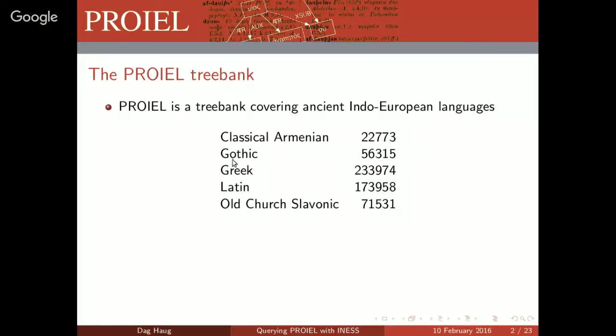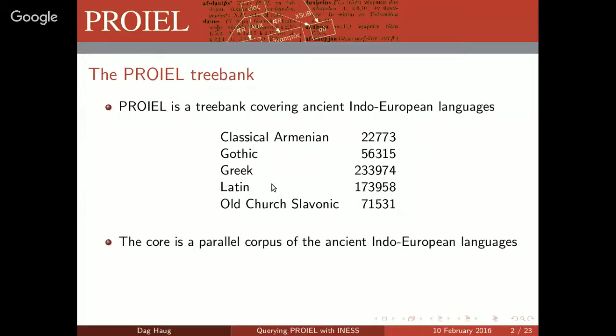The Classical Armenian, Gothic, and Old Church Slavonic corpora are basically limited to New Testament texts of varying size, but we have 60 to 70,000 words of Gothic and Old Church Slavonic. But the Greek and Latin corpora you see are much bigger because we have added more text besides the original Bible text. But the core is this parallel corpus of ancient Indo-European languages, and we are currently looking at adding more ancient languages, including Old Lithuanian, Hittite, and Vedic, although that obviously will not be Bible texts.